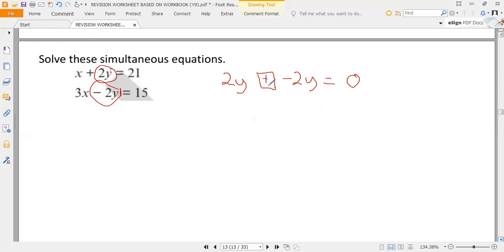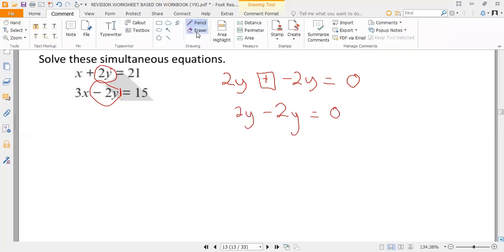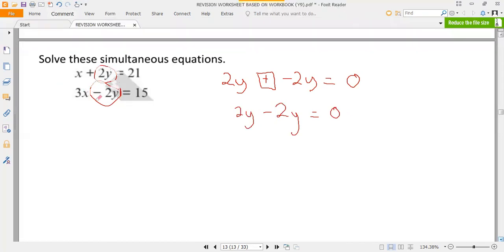Plus will work. So 2y plus minus becomes a minus 2y. So it definitely becomes a 0, right? So this is what you really need to do. Just give me time to erase everything, as we need space.